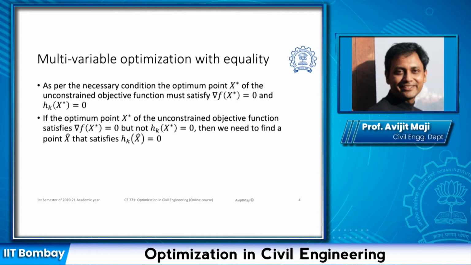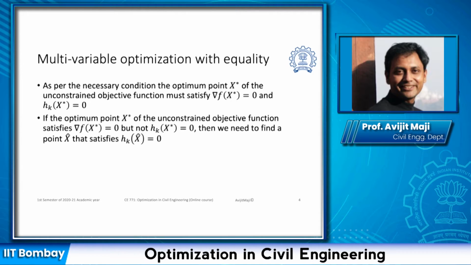Once we obtain the optimum variable value for a particular objective function, we know that the first order derivative of the objective function at that point is going to be 0, and this is the necessary condition for the optimization problem.